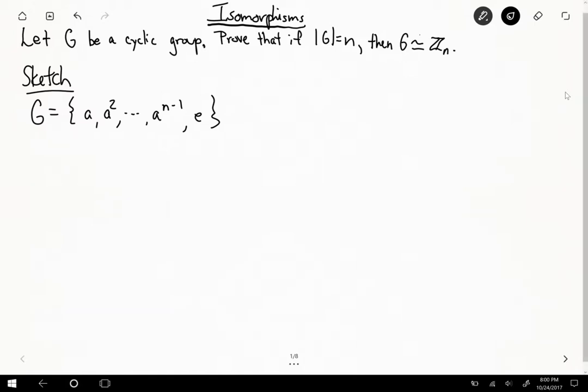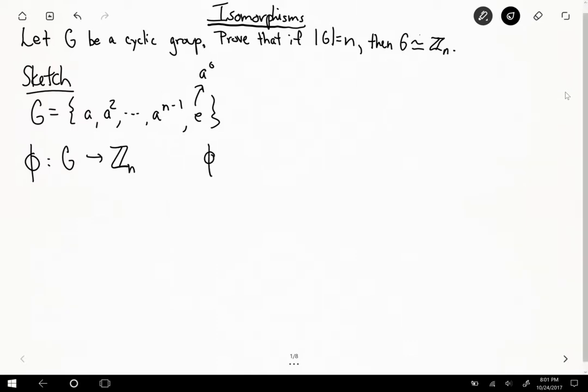Okay, we want to find a map that is both one-to-one and onto here. So the first thing that we want to take a look at is how can we map this? Well, let's take phi of G. We want to send phi from G into the integers modulo n. What's a natural map that we could do?